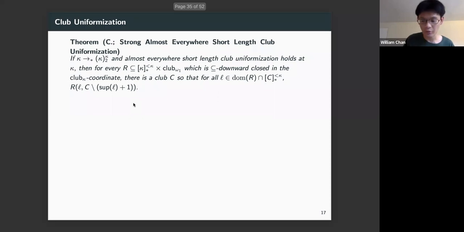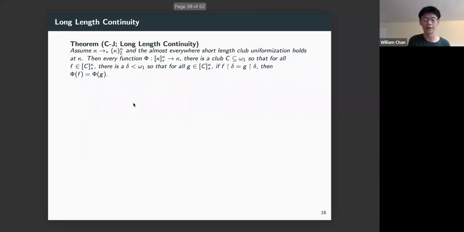So these are the club uniformization principles, and the primary application of these things is to get continuity results.